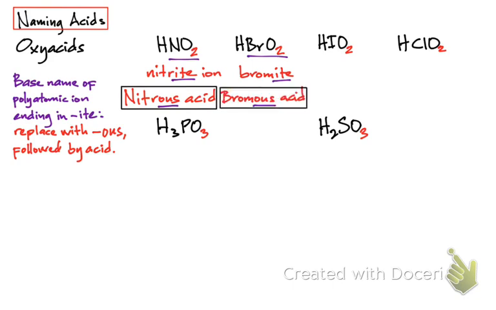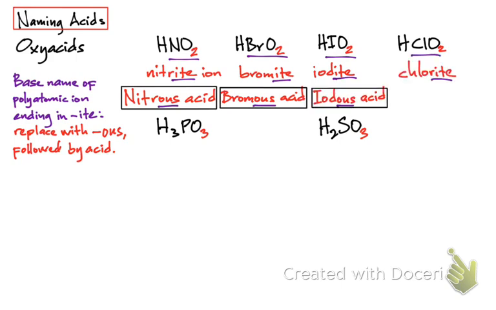The third one is the iodite ion, IO2 with a negative charge. And so the acid HIO2 is called iodous acid. Okay. And the fourth one here is the chlorite ion. So the acid would be chlorous acid.